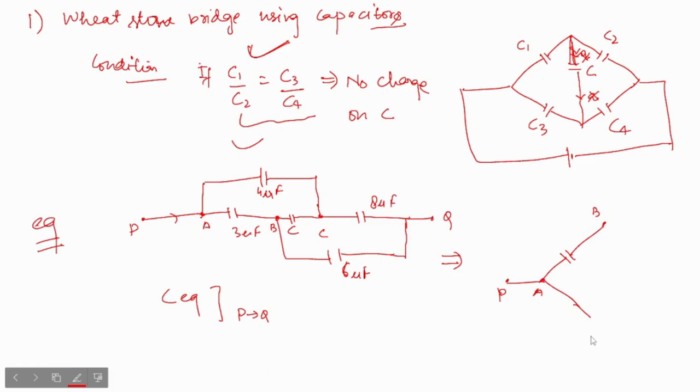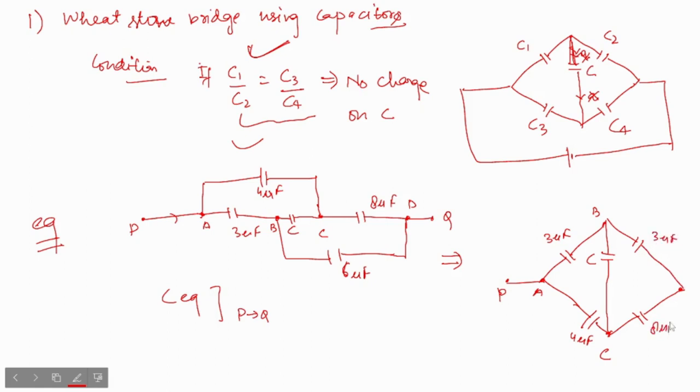We are redrawing this circuit. This is 3 microfarad and this is 4 microfarad. Between B and C, there is a capacitor of capacitance C. If you consider this point as D, or you can say Q, then between C and D there is 8 microfarad, and between B and D there is 3 microfarad.